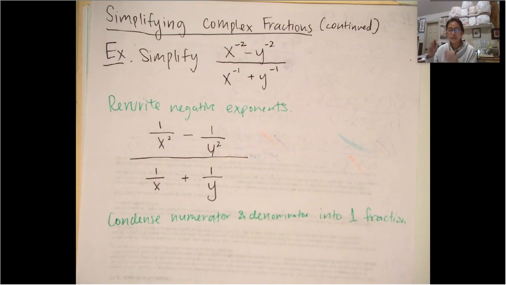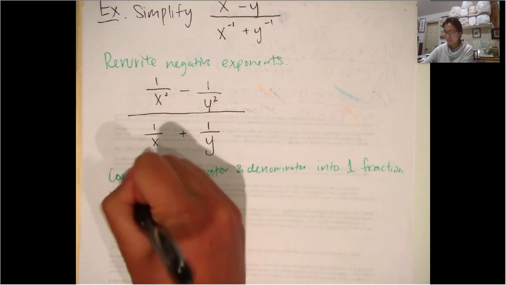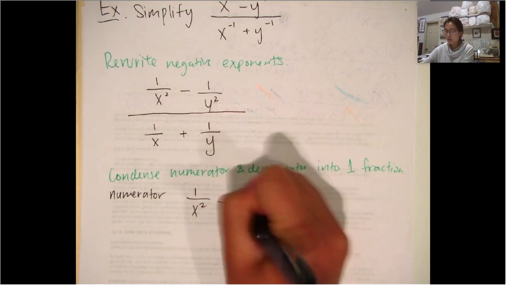Okay, so I'm going to go ahead and find a common denominator in the numerator and then a common denominator in the denominator. So let's start with the numerator. You have 1 over x squared minus 1 over y squared.